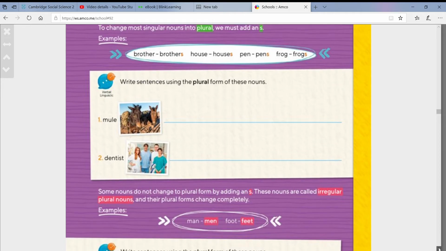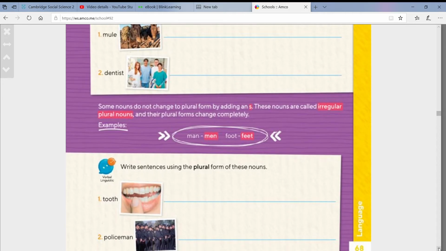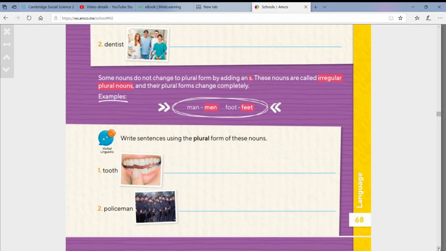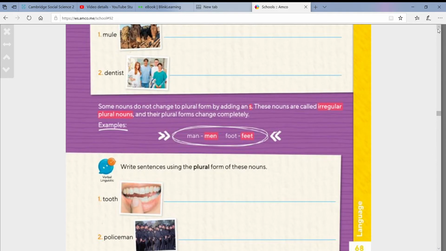Now, turn the page. We're going to turn to the next exercise. Now, do you remember that some nouns do not change to plural form by adding an S? These nouns are called irregular plural nouns, and their plural forms change completely.